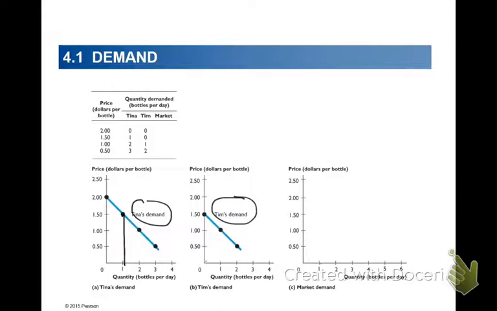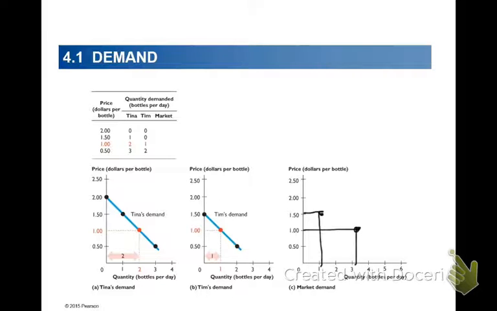So when the market price is $1, notice that Tim's demand is just 1, right? Because it's 1 plus 0, so that's that. When the market price is $1, Tina's demand is 2 units and Tim's demand is 1 unit. So when the market price is $1, the market demand is actually 3.